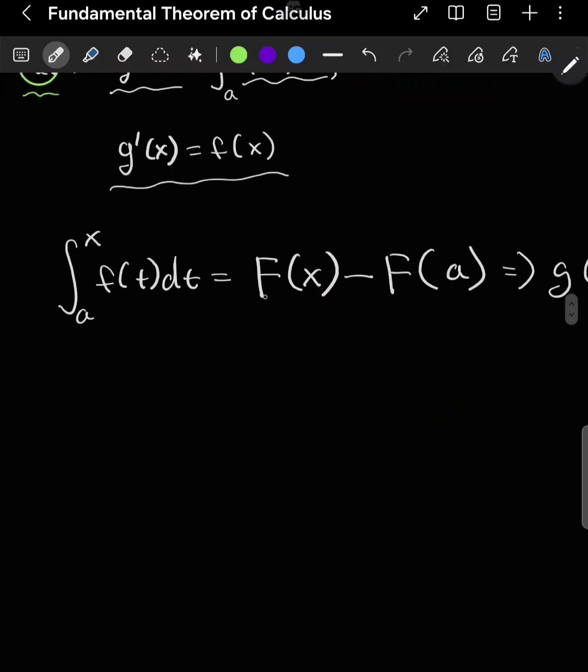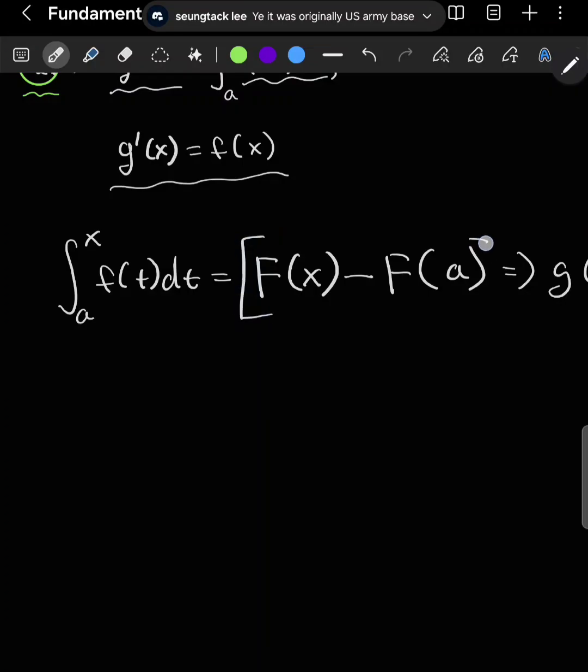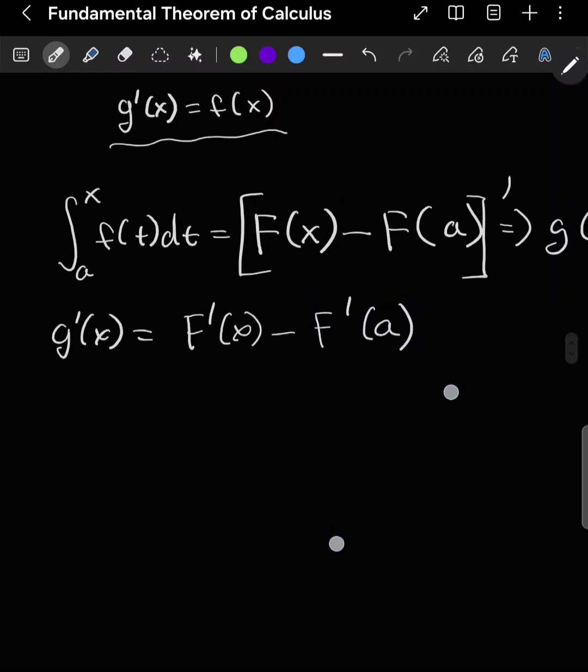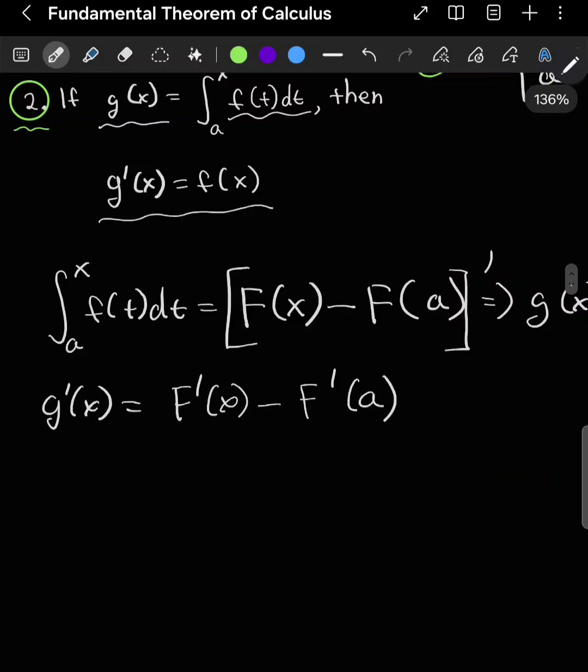Which means we're going to take the derivative of this function. So g(x) is equal to F(x) minus F(a), and its derivative is F prime of x minus F prime of a. What is a? a is a constant.